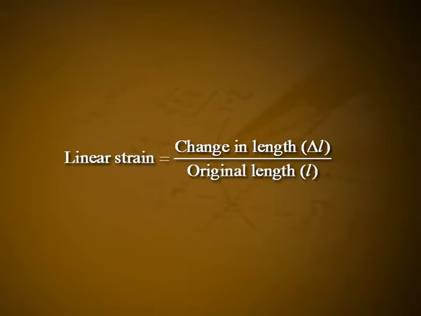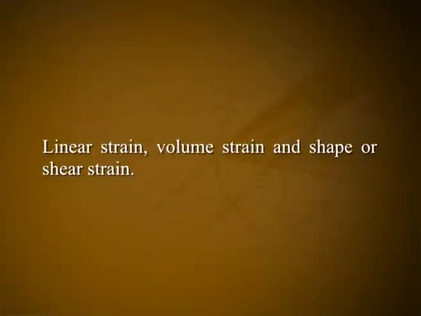That is, linear strain is equal to the change in length delta L divided by the original length L. Being a ratio, the strain has no units and dimensions. There are three types of strains: linear strain, volume strain, and shape or shear strain.